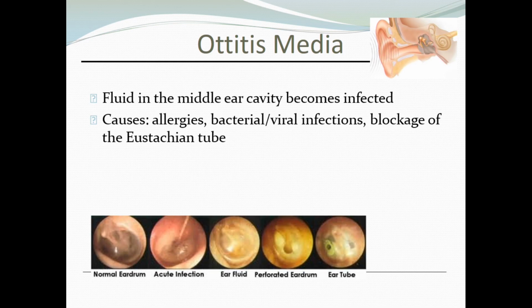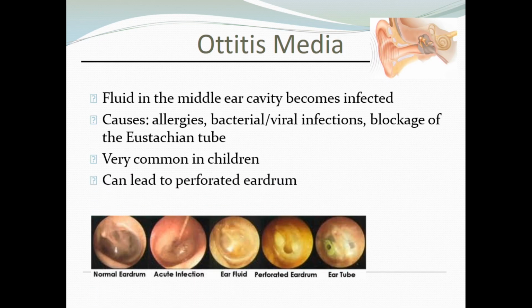Allergies, which tends to swell up your canals so bacteria gets trapped and can't drain, or you have bacterial viral infections, or some blockage for whatever reason of the eustachian tube. Very common in children, and remember why? Because their eustachian tube is straight, not curved.